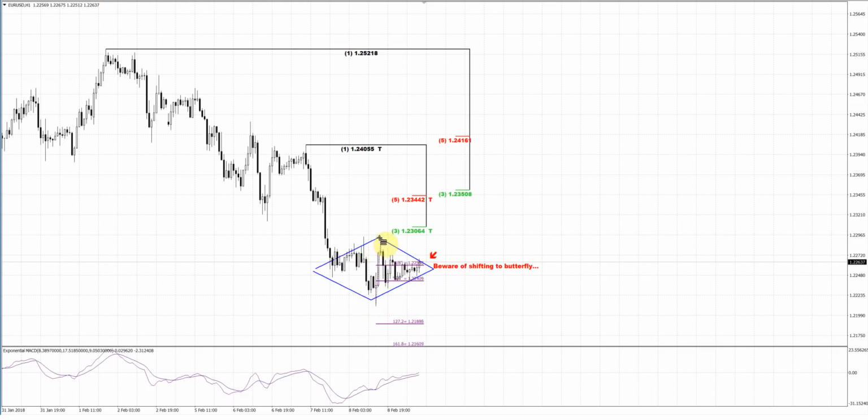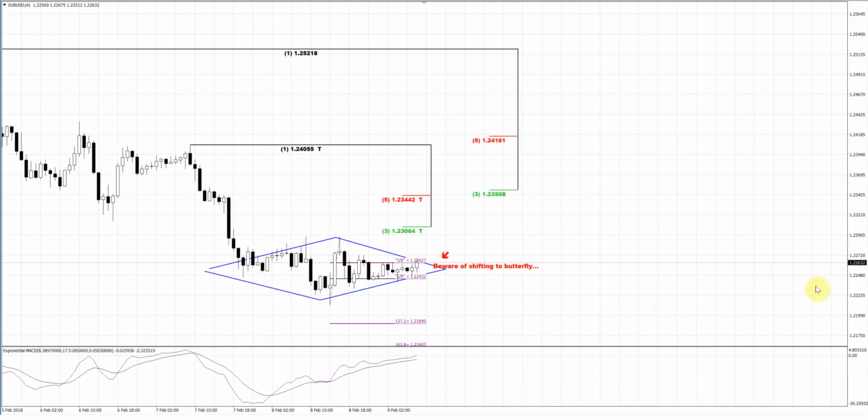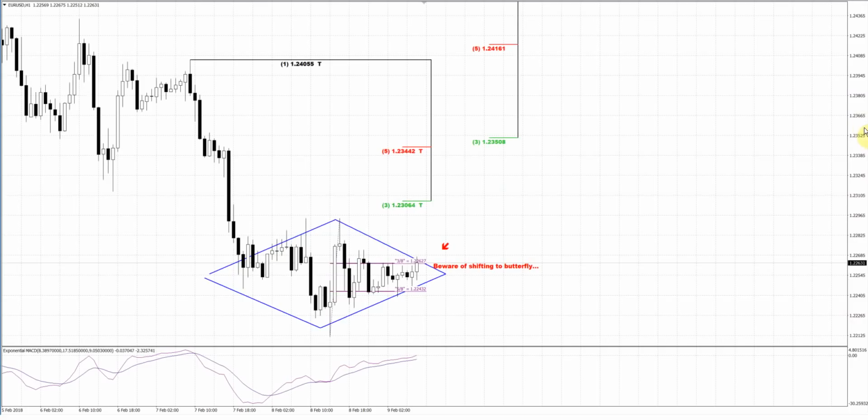But the problem with the diamond is that it's a really very rare pattern when it works properly. In my experience, I saw a couple of times maybe when it has worked nicely. That's why it's more probable that we could get here a kind of butterfly action.